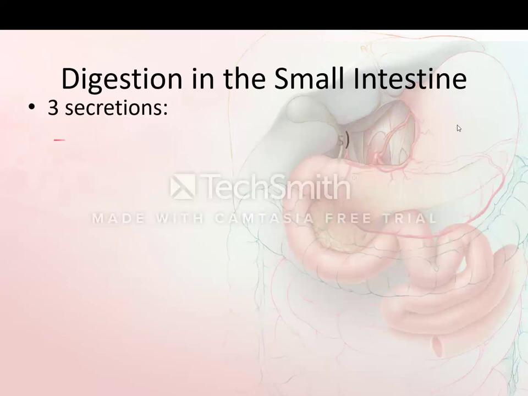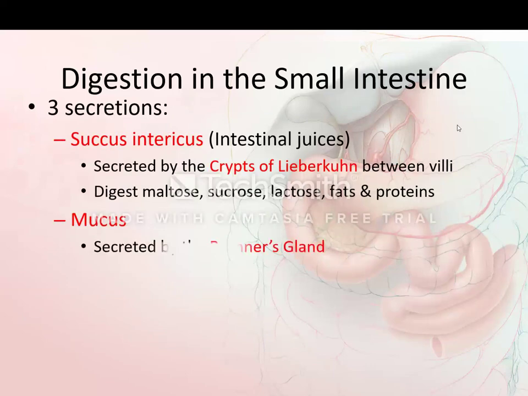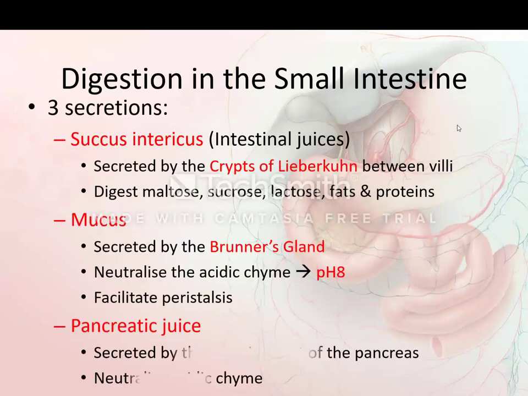Right, so if we look at digestion in the small intestine, I spoke about Succus entericus. Succus entericus is the juice that is produced by the small intestine. It is secreted by the crypts of Lieberkühn that are found between the villi. Remember I said the space between each villi.